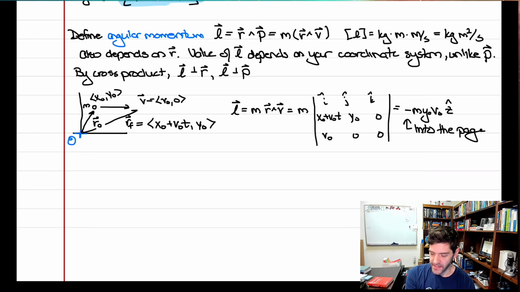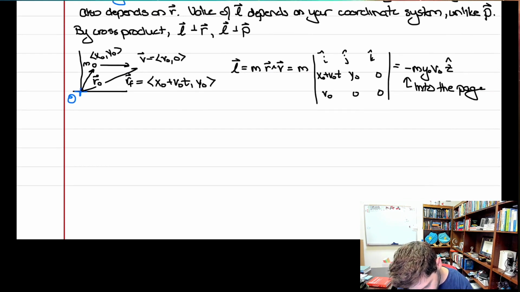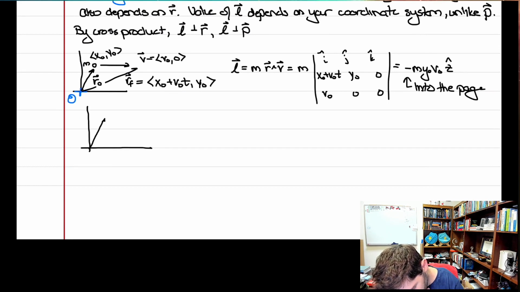And the fact it's negative actually gives you a sense, if you want to really think of this in terms of rotation, which again, this is not rotational motion, but if you want to think of it that way, this negative angular momentum does suggest, let me just redraw it down here. Let's take an initial position, let's say right here.